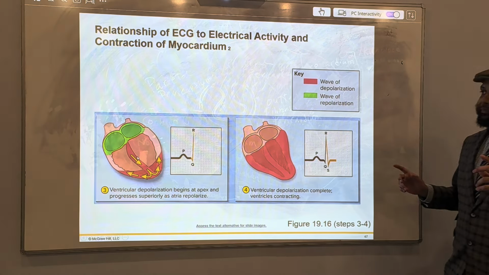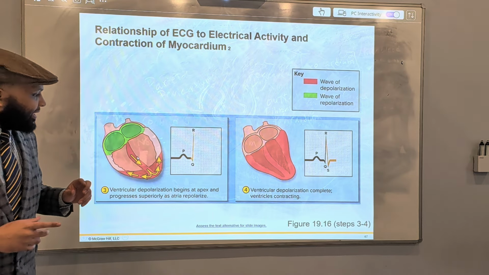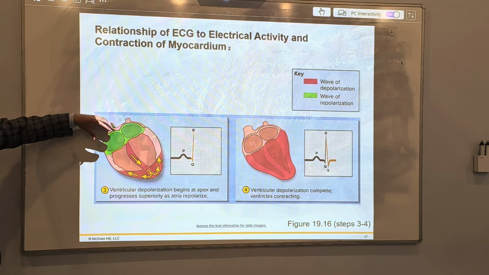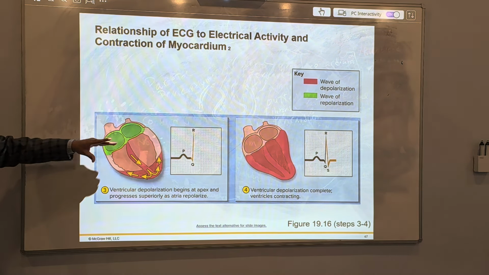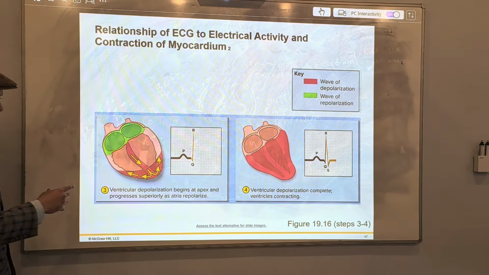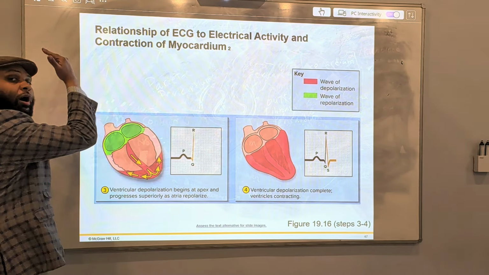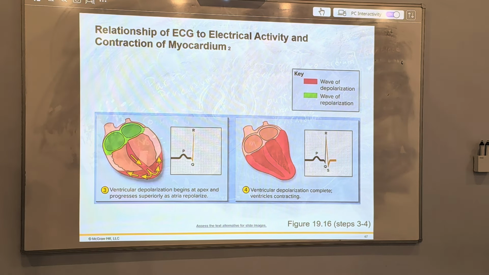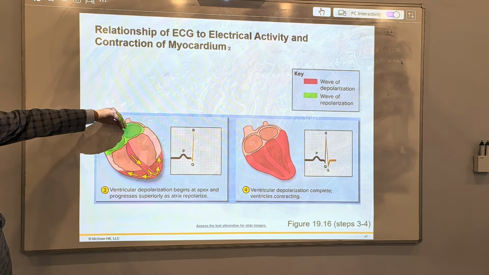This is very interesting. The atria begin to contract from the top to the bottom, right? But the ventricles begin to contract from the bottom to the top because blood needs to go upward. Is that clear? For the atria, blood needed to move down, so we contract from the top to the bottom.